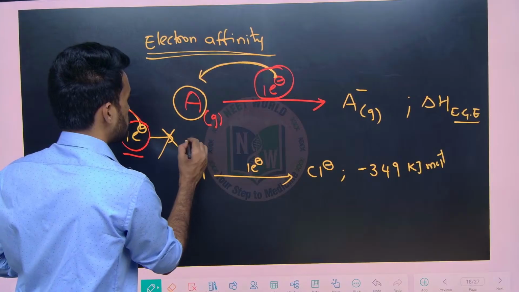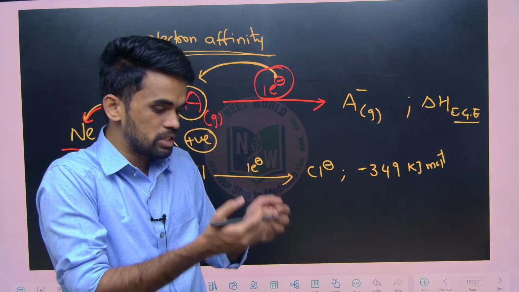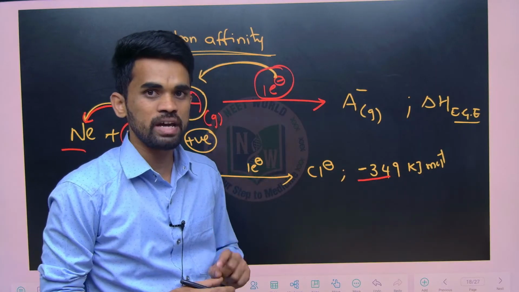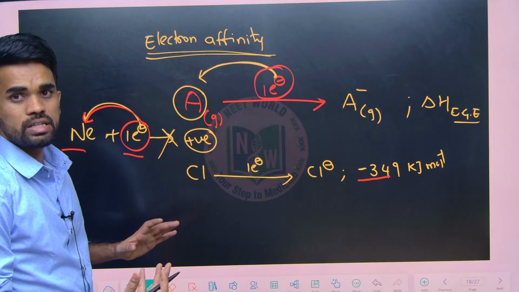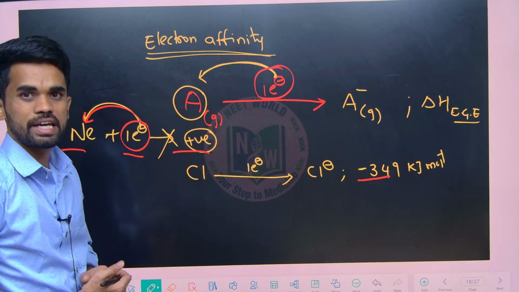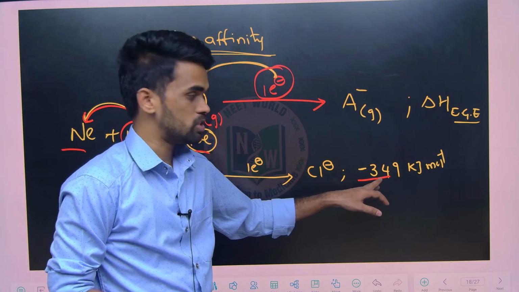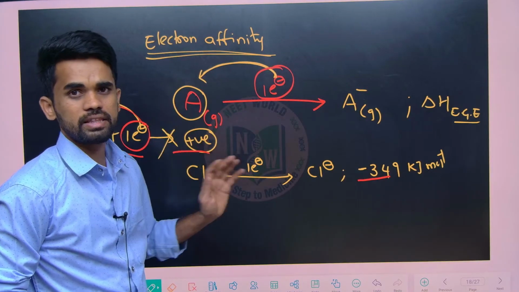Therefore here you will see a positive value. So if the element has a tendency to gain the electron, its electron gain enthalpy value will be negative. Whereas if the element has no tendency to gain the electron, it will have a positive electron gain enthalpy. Tendency, negative enthalpy change. No tendency, positive electron gain enthalpy. Okay, like this you can remember.